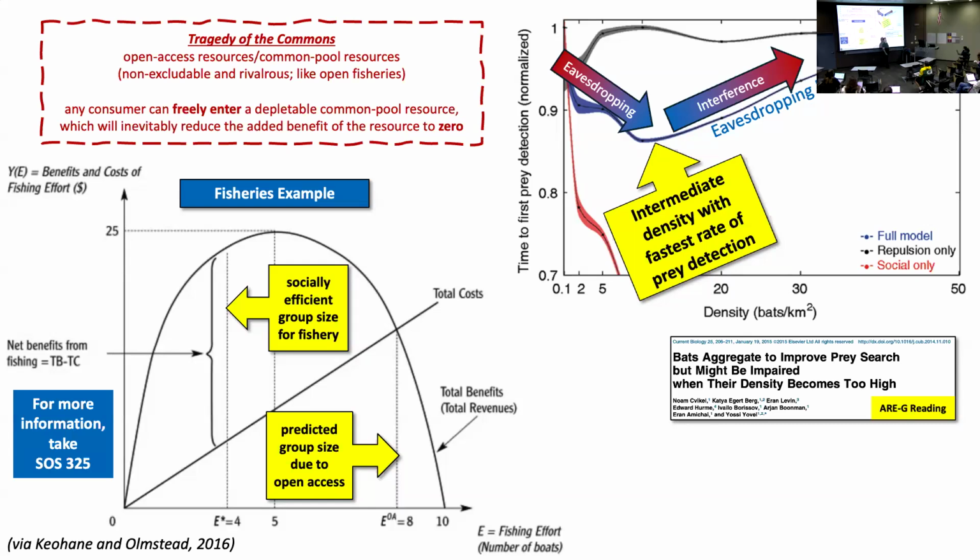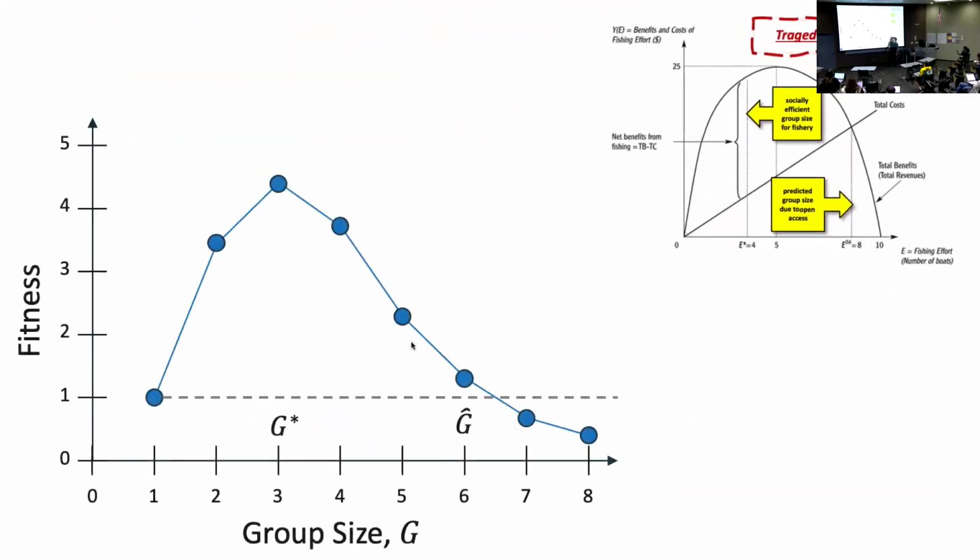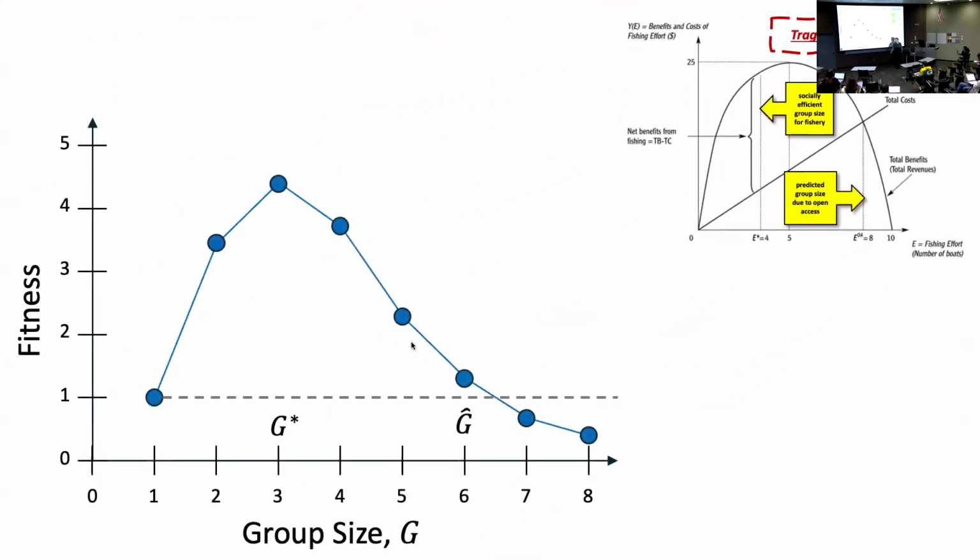And this was a well-known problem in economics. For a long time in social foraging, people were confused about this too. You get plots like this, where you have group size here and you do some calculations and figure out what the fitness is. Here's an individual forager.